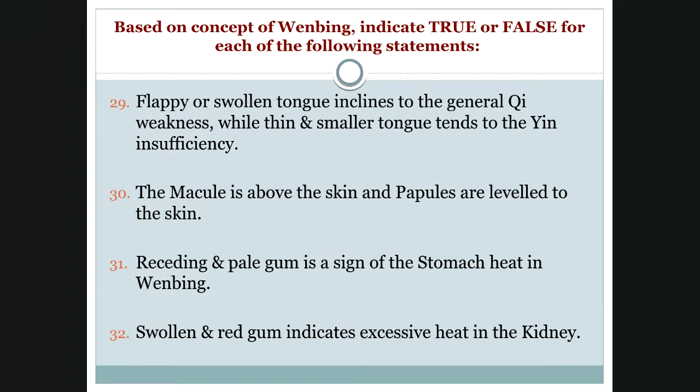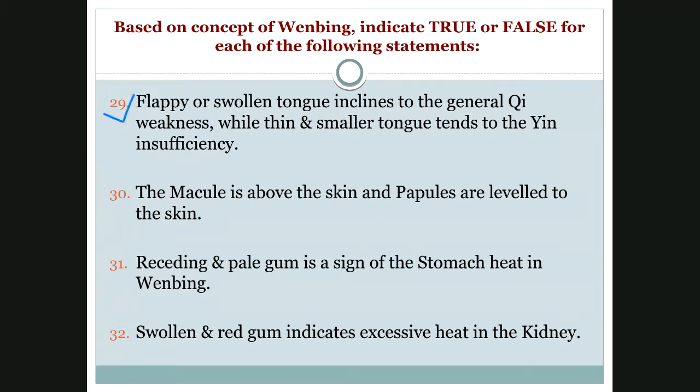Next slide, 29: a flabby or swollen tongue inclines to generalize qi deficiency, while a thin, smaller tongue body tends to indicate insufficiency. So this is basically correct.